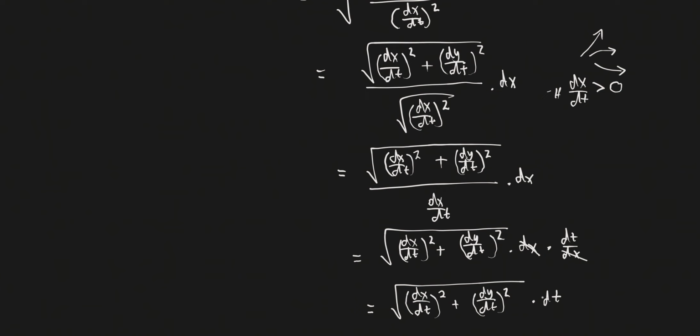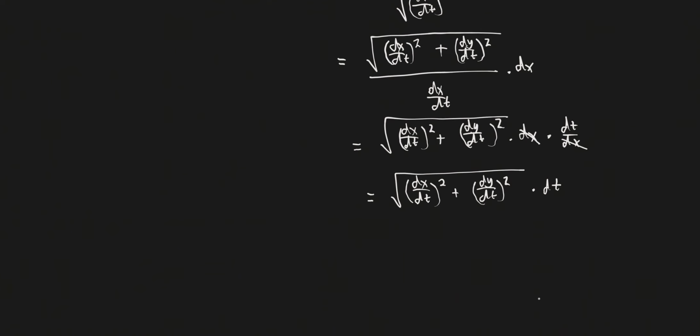Let's summarize. Under the assumptions that we've made, we have a nice differentiable parametric curve, so no sharp corners or anything like that, and with the added assumption that dx/dt is always positive, the arc length formula becomes this.